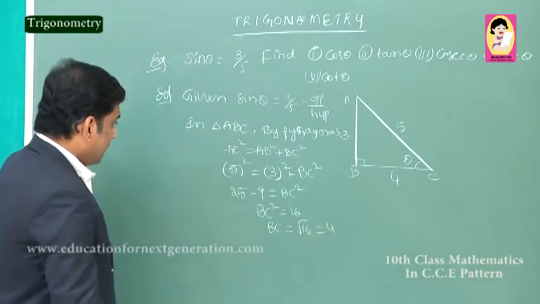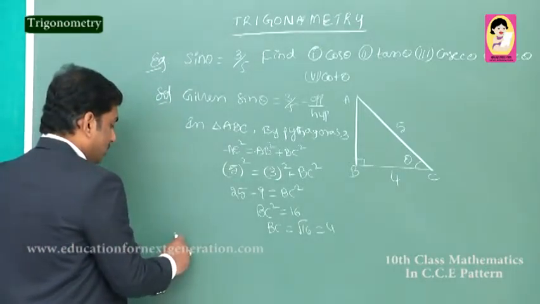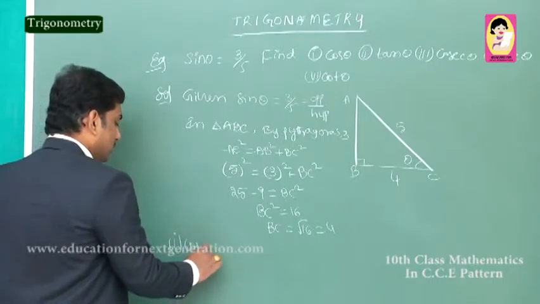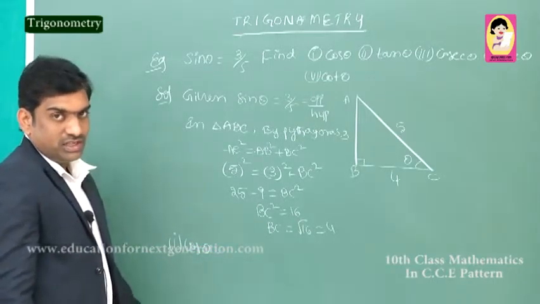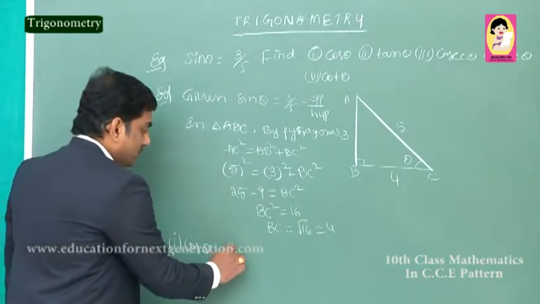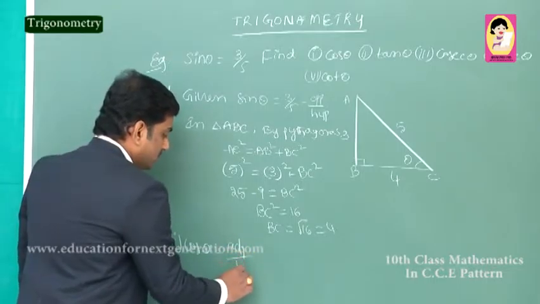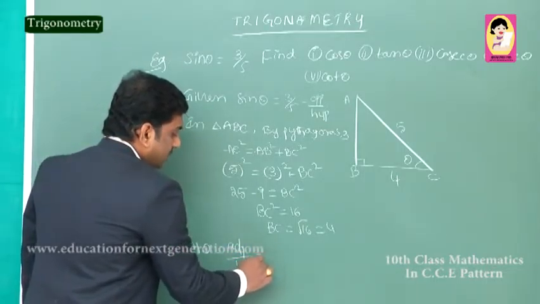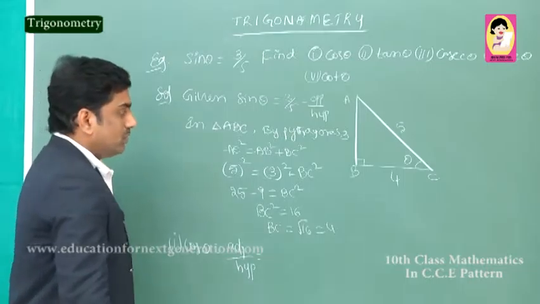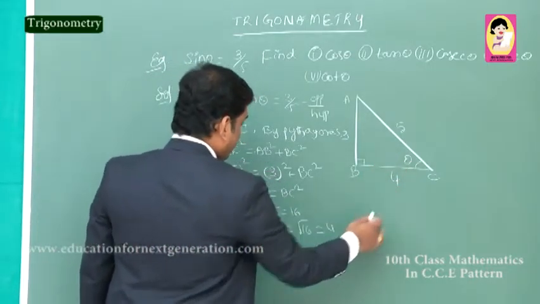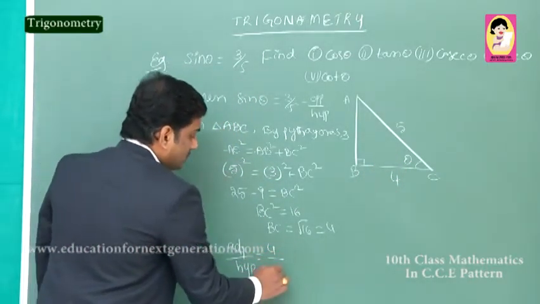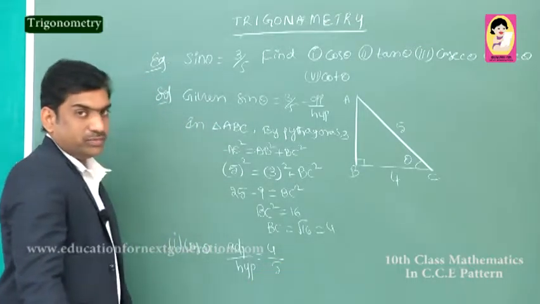Then what have they asked? They asked to calculate cos theta. The cos theta formula is adjacent by hypotenuse. What is adjacent to theta here? 4 by hypotenuse. What is hypotenuse? 5.